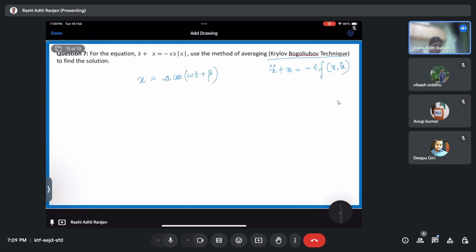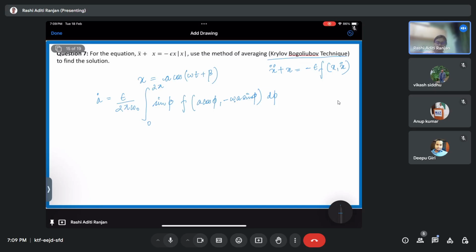Here a dot is nothing but the integration from 0 to 2 pi of sine of phi into f, wherein f is a function of a cos phi and minus omega naught a sin phi.